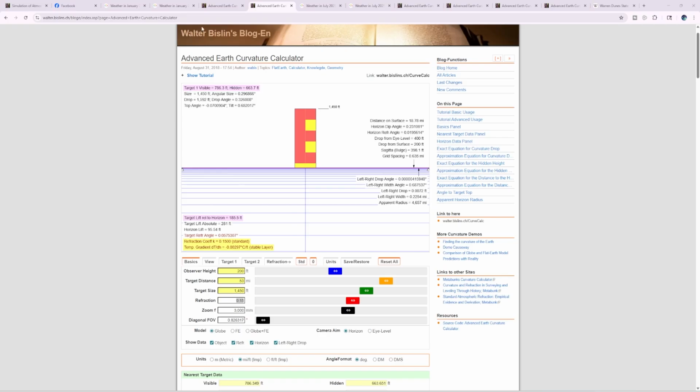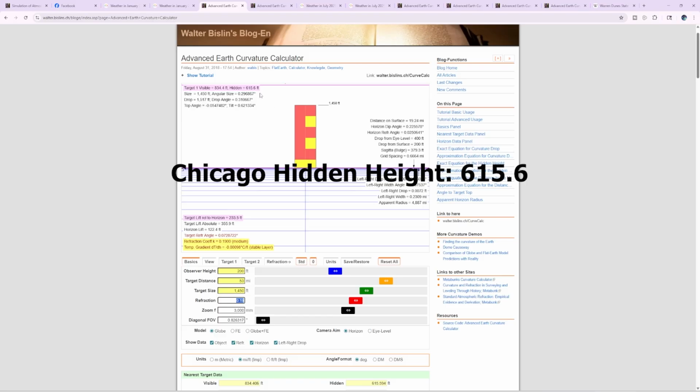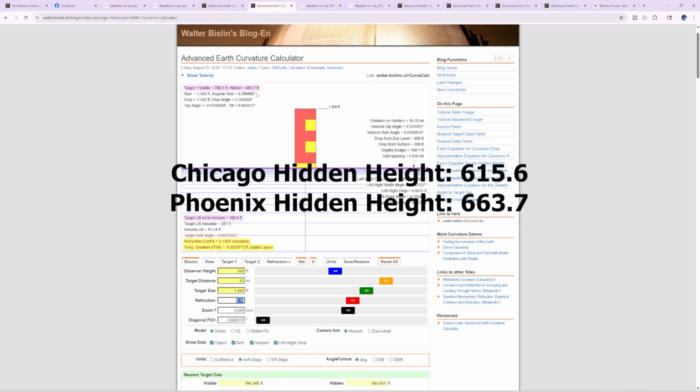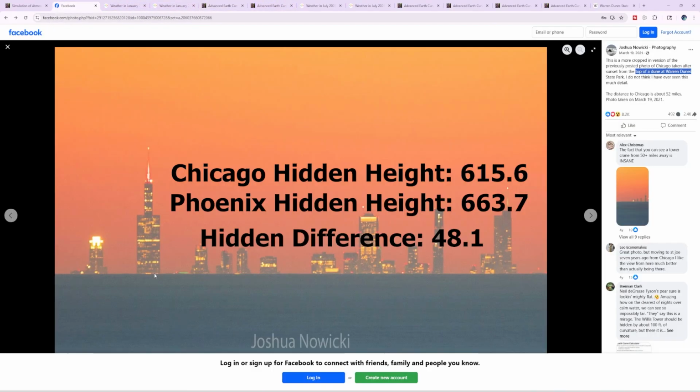So now, with Chicago, our standard observation, we took this observation January 1st, 2025, the hidden height of Willis Tower should be 615 feet. Now in Phoenix, if we did this, the hidden height of Willis Tower should be 663 feet. Now that's a difference of 48.1 feet. So with this observation, that would be seeing a 4.5-story difference.